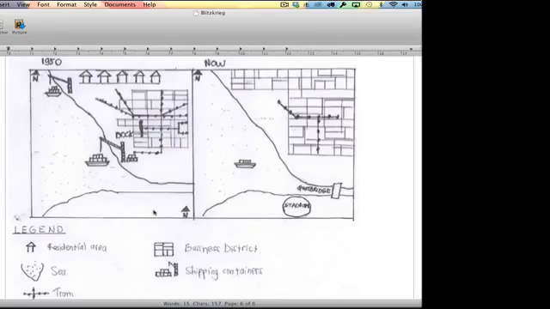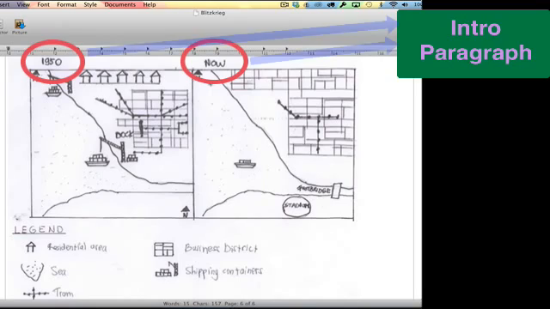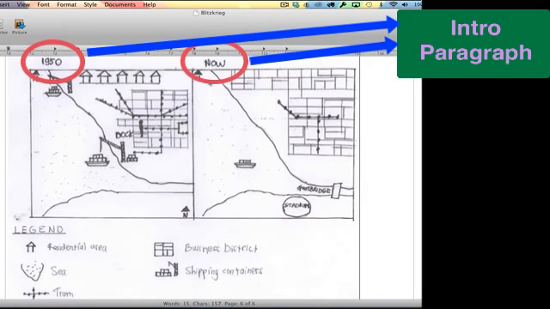So as we can see, the maps show an area in 1950 and that same area as it looks today, now. So sharing this as our opening statement and perhaps commenting that there appears to be some major changes between the two maps, that would be a great introduction paragraph for our response.